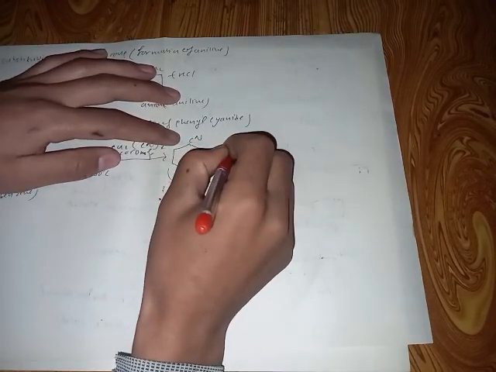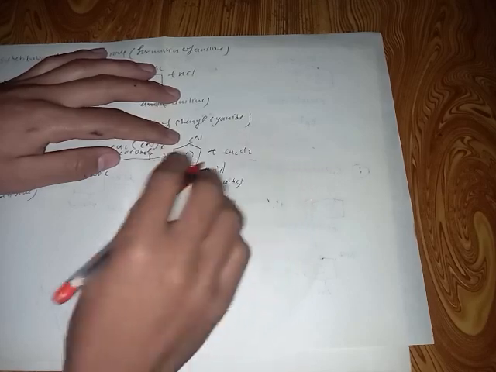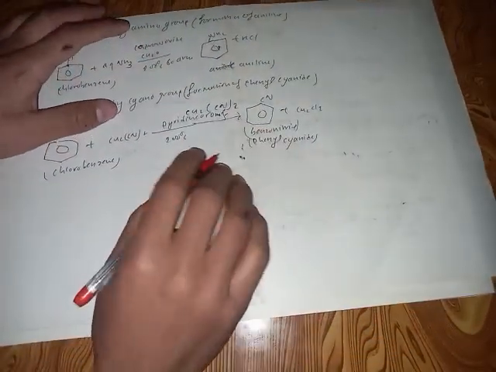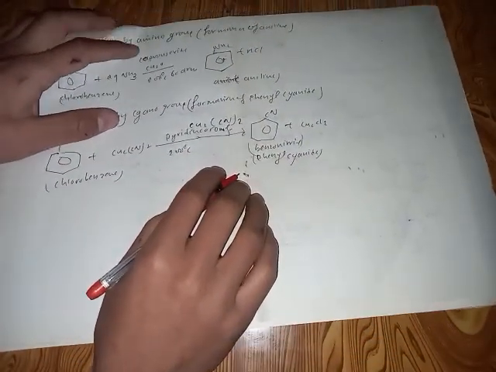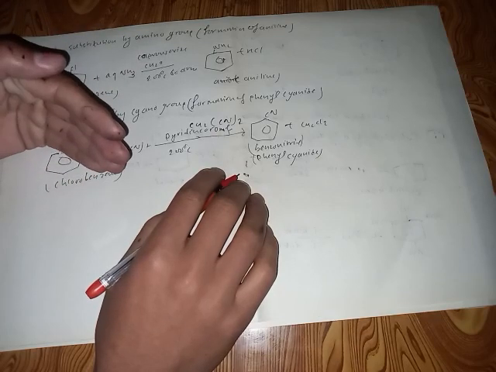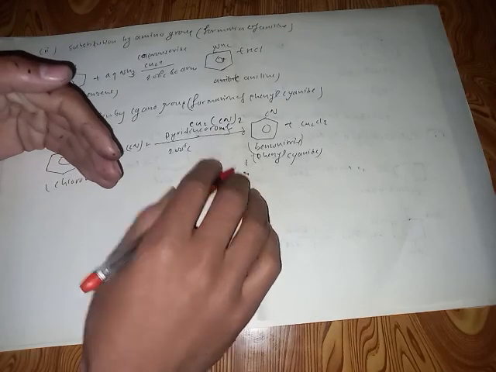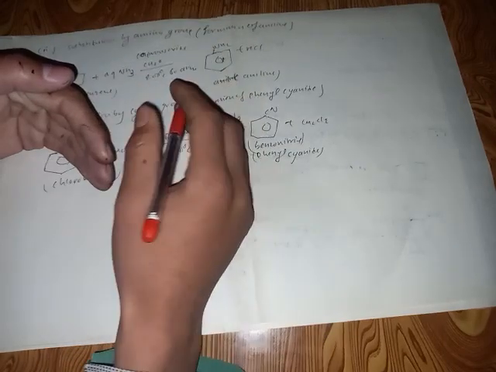The side product is cuprous chloride. From phenyl cyanide, other organic compounds can be obtained.